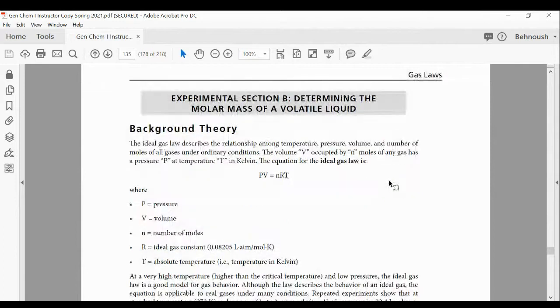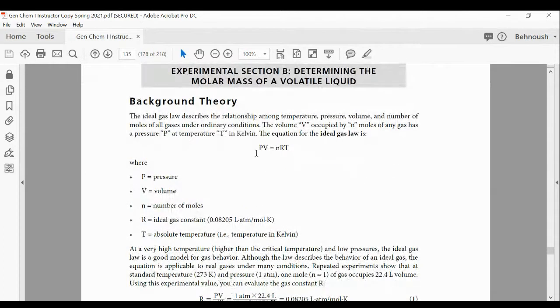We are using the ideal gas law. The gas laws show the relationship between pressure, volume, temperature, and number of moles, or the quantity of the gas.